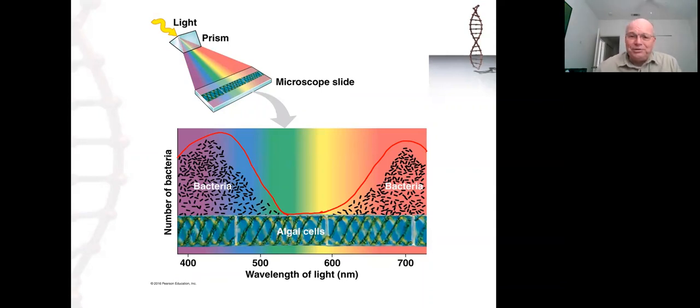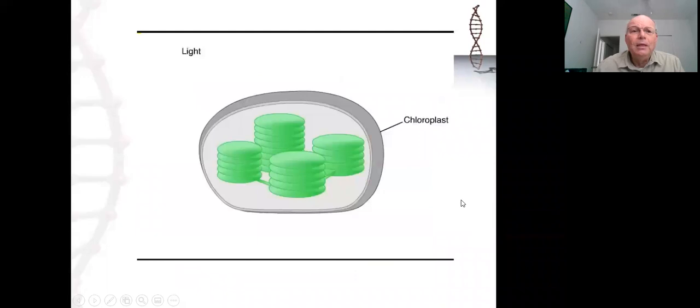So what that tells us is that green light probably is being rejected as a source of energy for photosynthesis. The question then becomes, why is the green light energy being rejected, and why is it purple, blue, and yellow, red that's being accepted as a source of energy for photosynthesis?